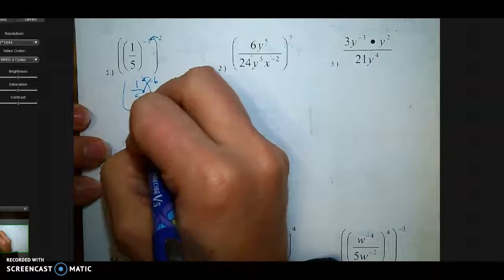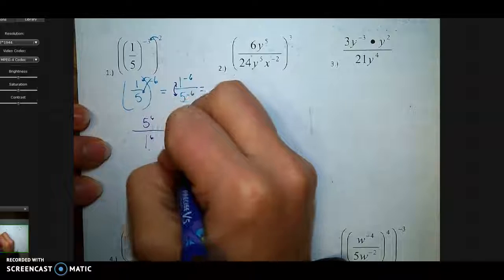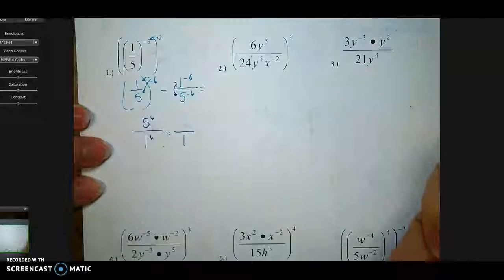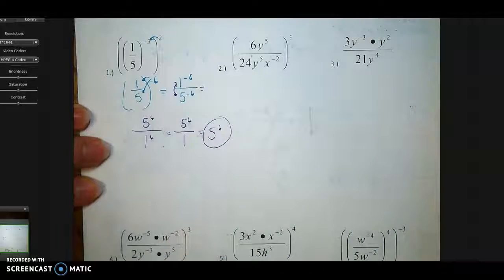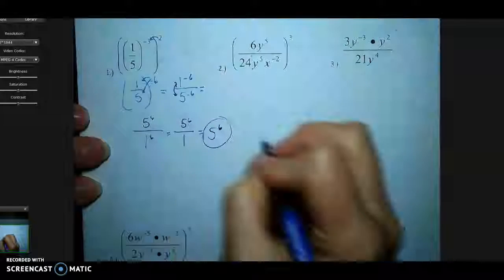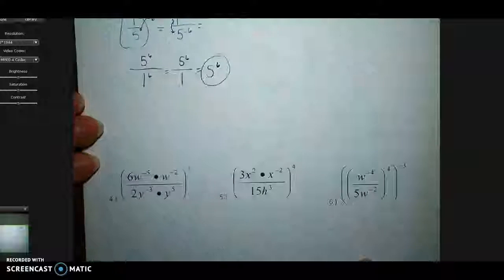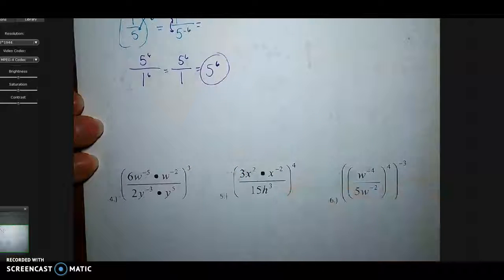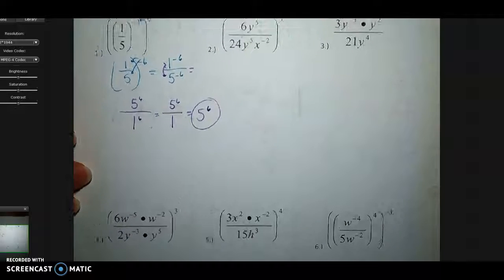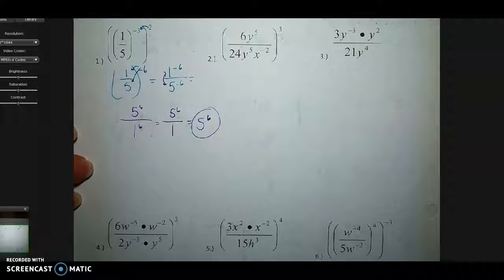So I get 5 to the 6th over 1 to the 6th. Now you could do 5 to the 6th, but you don't really need to do that. You can just think of it as 5 to the 6th. It would give you a pretty big number. That's the same kind of thing we have going on down here. These other ones you can see are similar to ones that we had on the front. Let me know if you have any questions when I return.